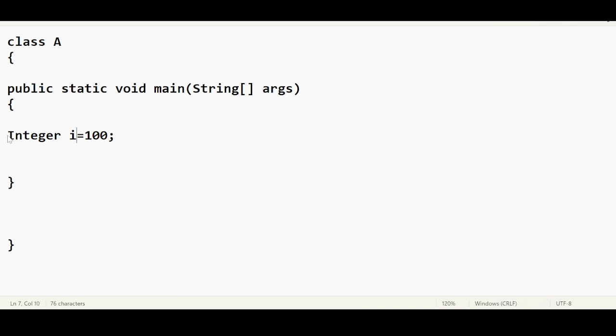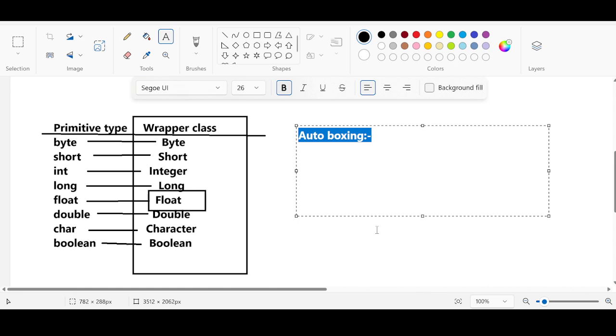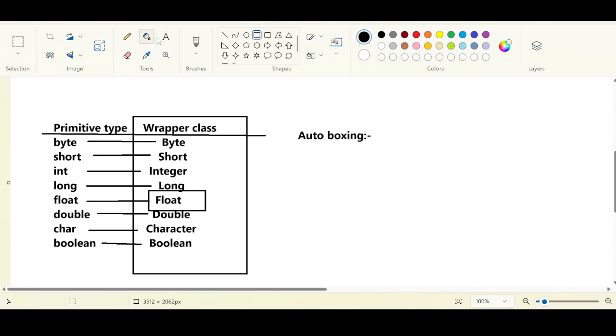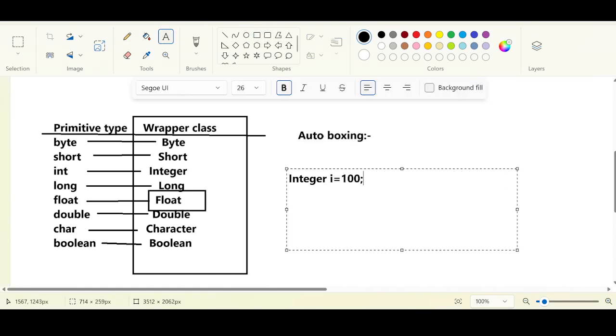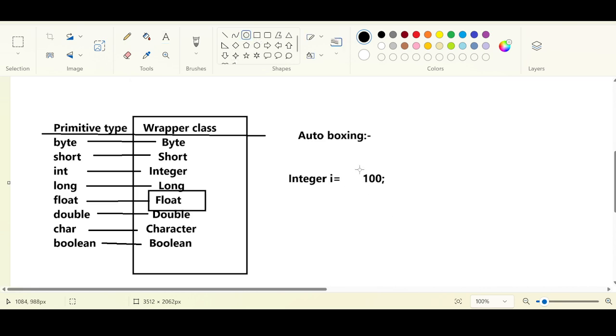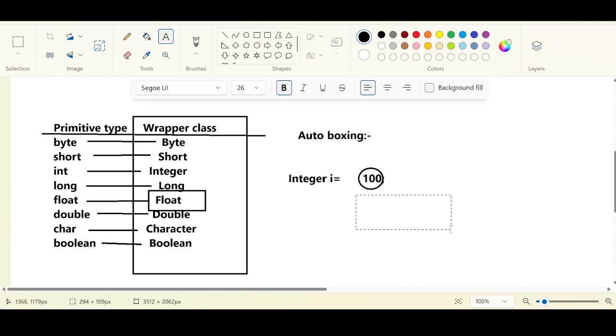Let me copy this in the plain screen. This 100 is representing a number, and this number is of primitive type. The values are always primitive.